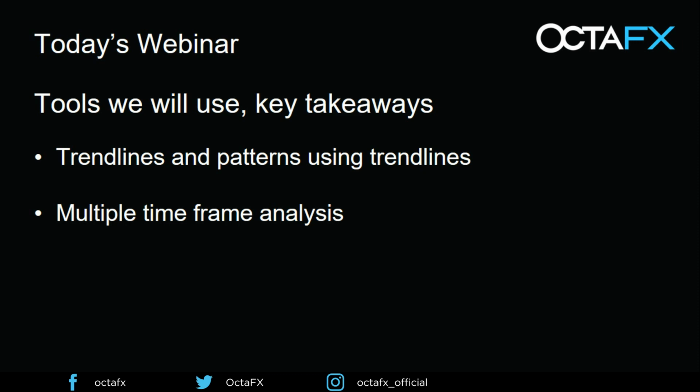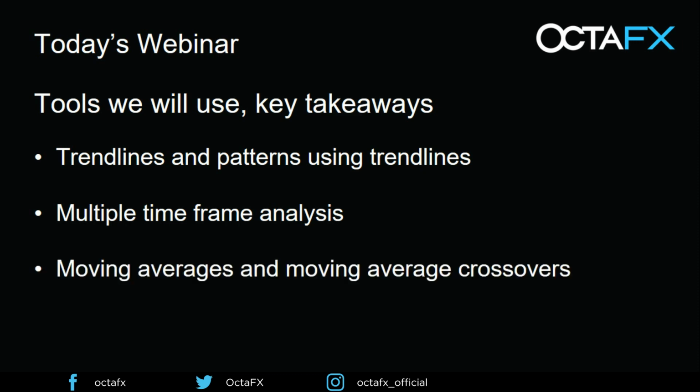It's very helpful. And we're going to take a look at moving averages and moving average crossovers. And finally, we're going to look at momentum oscillators, the technical indicators that measure momentum and typically oscillate on a scale. For example, RSI oscillates, or it moves, on a scale from 0 to 100. But we'll get into that when we get into the presentation.